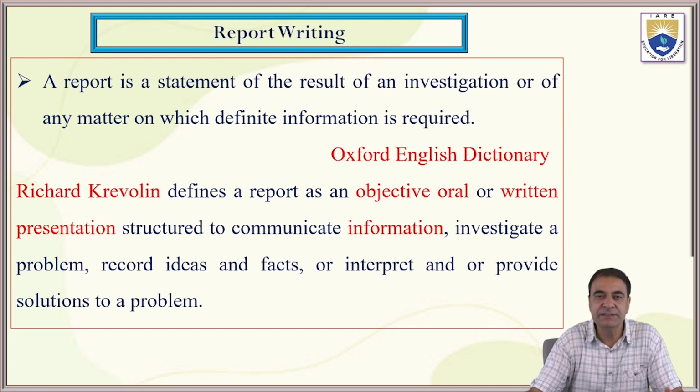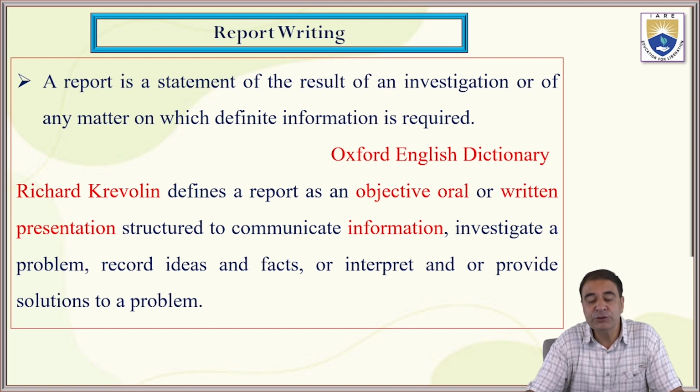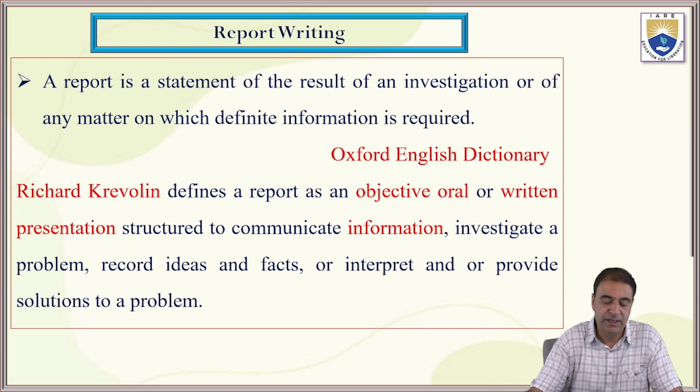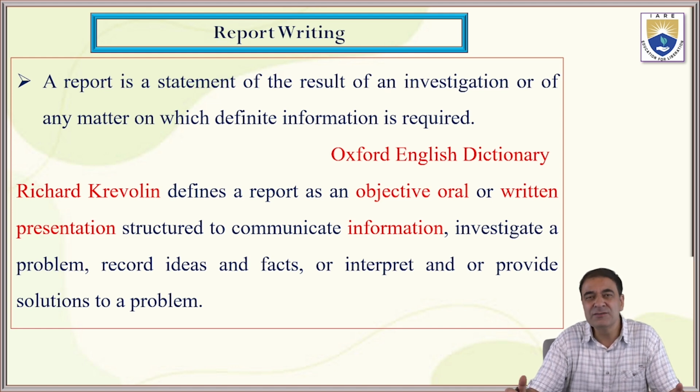This definition is given by Richard Cavallin, and he defines a report as an objective, oral or written presentation. The first word that you need to understand is that the report is objective. It's an objective presentation. That means it's not subjective. That means a report should not be biased.